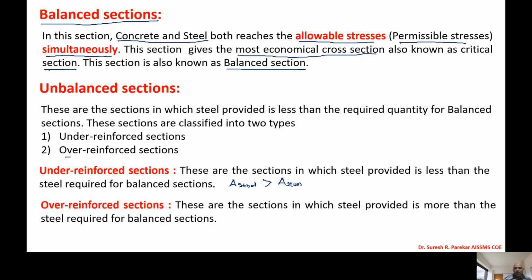And second, we have over reinforced sections, in which the steel provided is more than the steel required for a balanced section. So in this, AST balanced is less than AST over reinforced. I will say OR. So this classification depends upon the amount of steel provided.